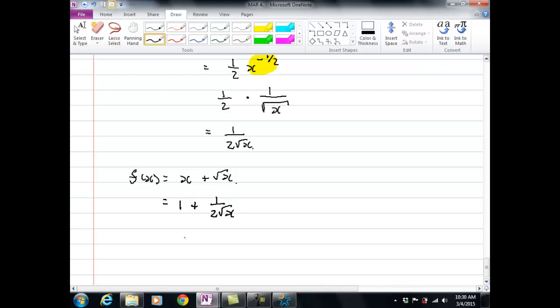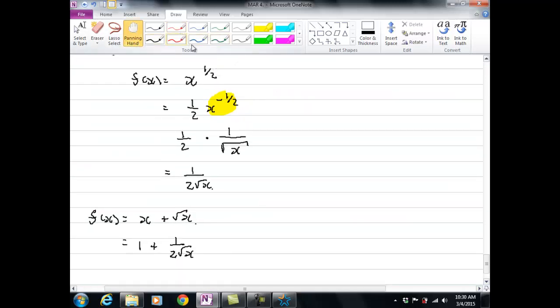Wait, can you explain that, the yellow thing? Oh, the yellow part? Okay. So this goes back to the concept of negative exponents. Would you agree 9 to the power of negative 2, negative exponent means 1 over 9 squared? Because negative just means take the reciprocal of it. Now, watch what happens with this one. This becomes 1 over x to the power of 1/2.